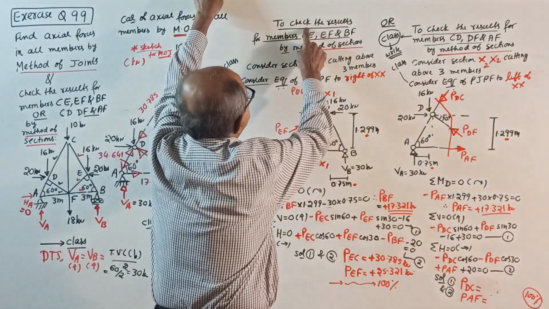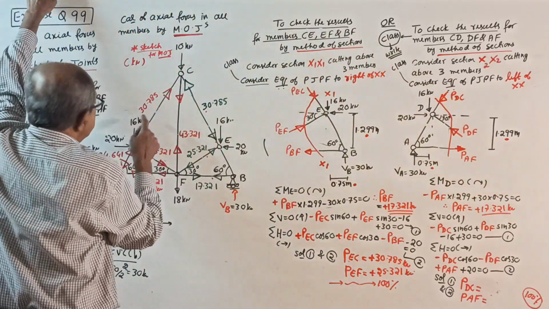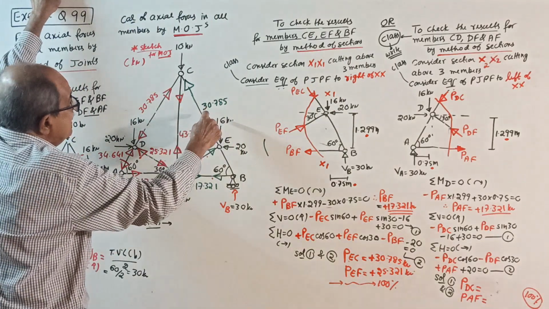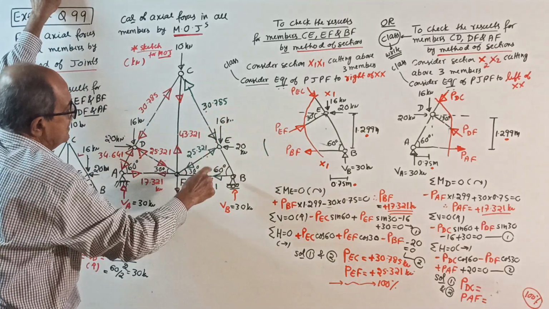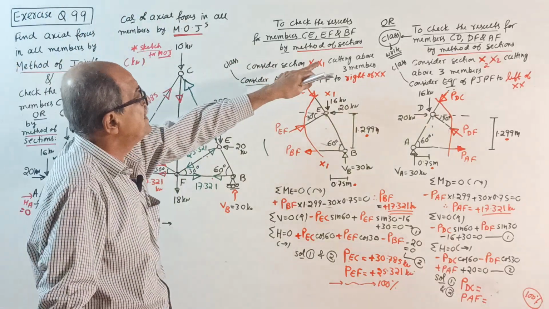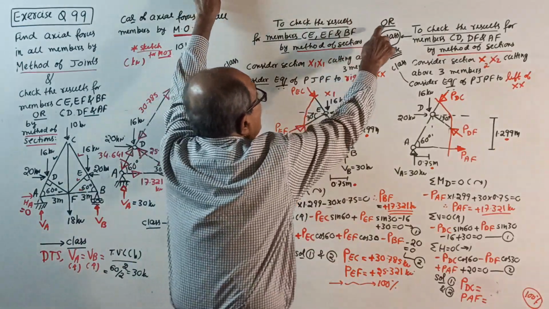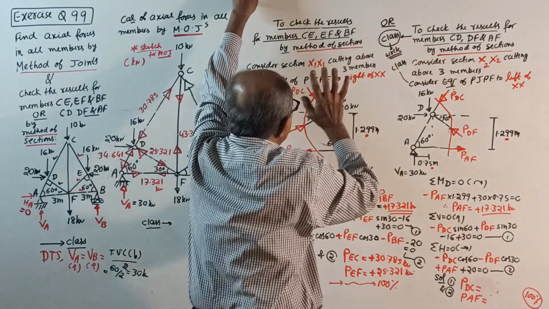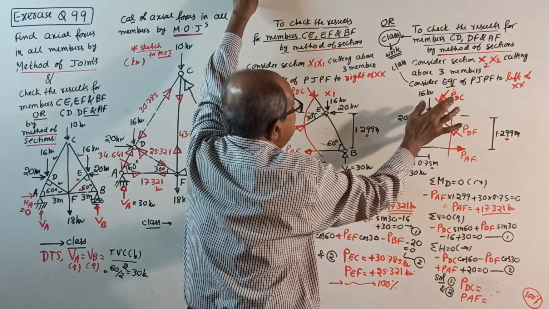First, to check the results for members CE, EF and BF, see these three in red color. CE, EF and BF. Then CE, EF and DF, this green color three, by method of sections. After I complete it, the class already knows what result you got; identical result here.